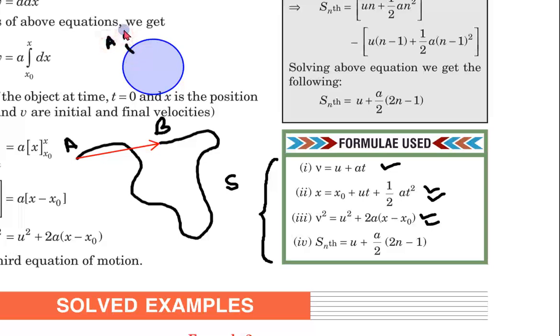Here B will also be at point A, so A minus B will be 0.